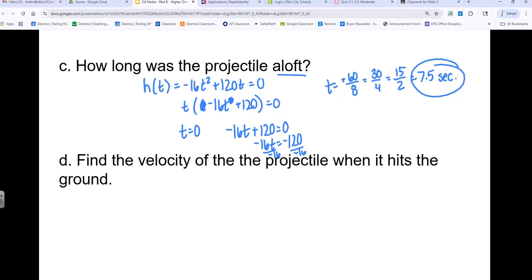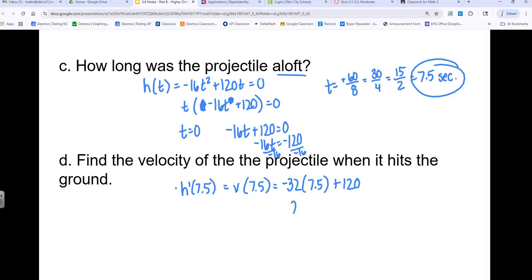So you can either call it h prime of 7.5 or v of 7.5. That is just going to be negative 32 times 7.5 plus 120. And I am going to resort to the use of the calculator here.